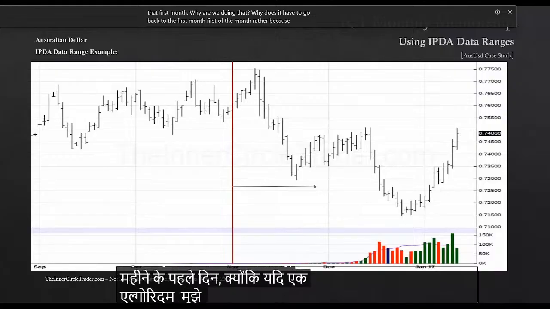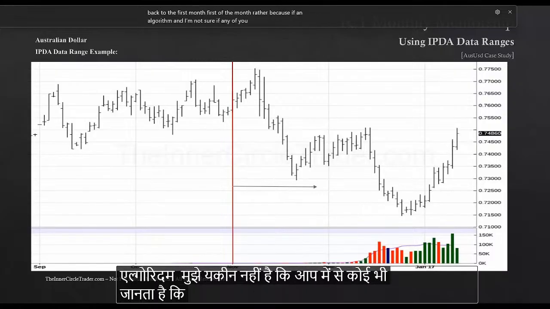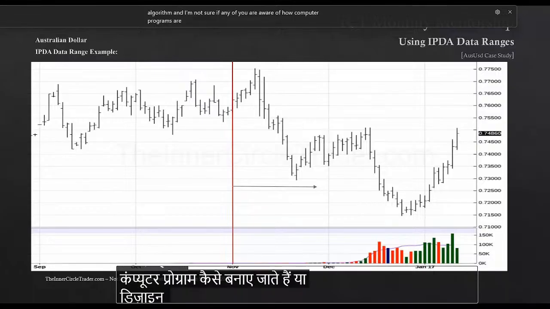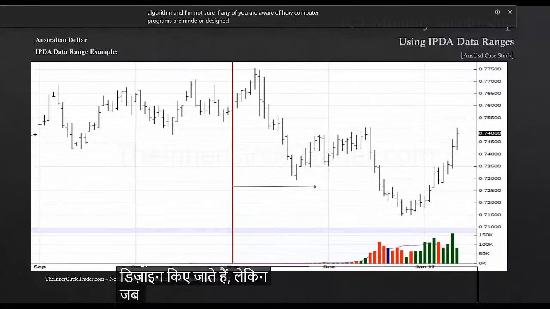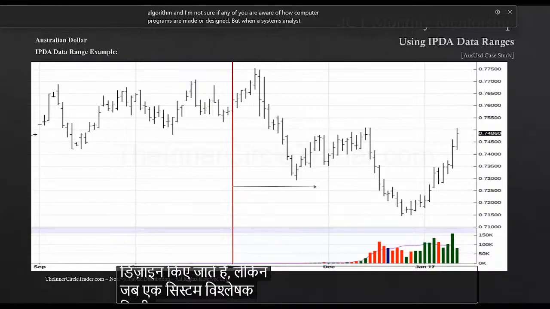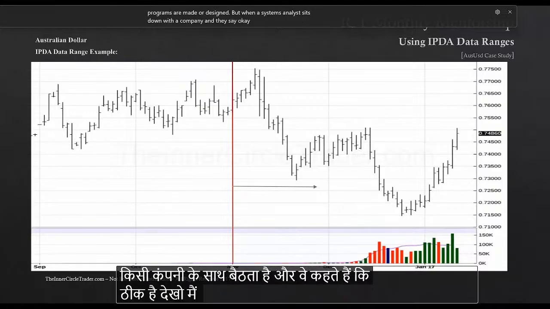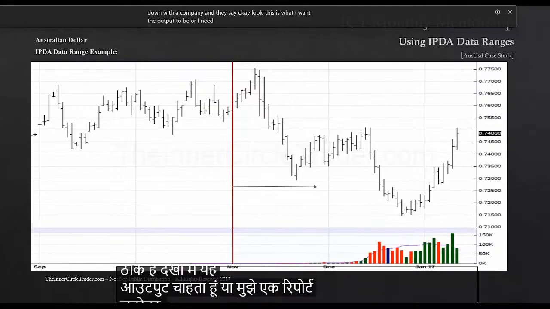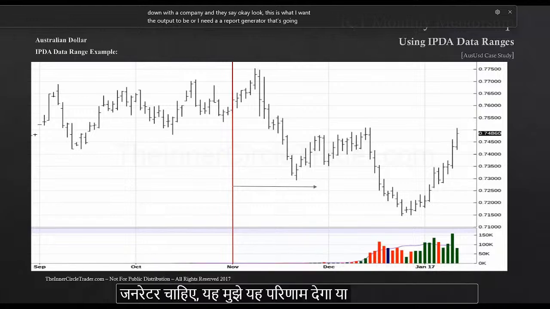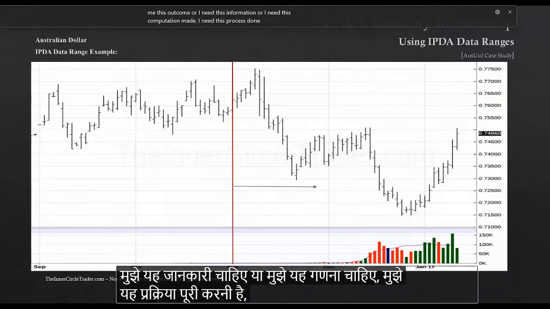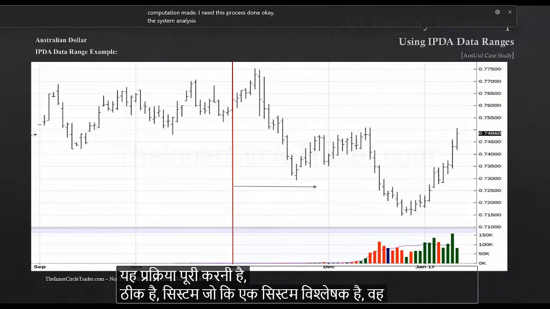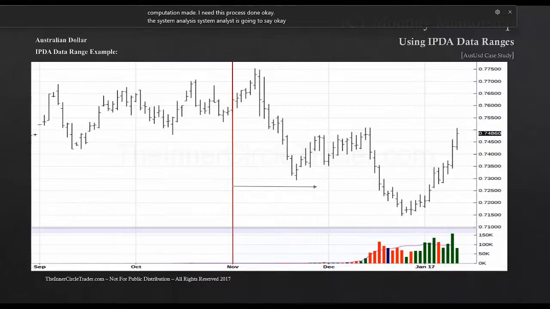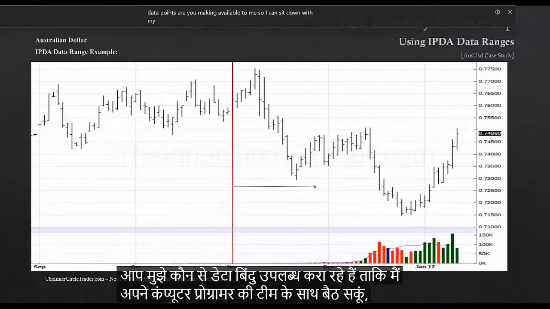Because if an algorithm... and I'm not sure if any of you are aware of how computer programs are made or designed, but when a systems analyst sits down with a company and they say, okay, this is what I want the output to be, or I need a report generator that's going to give me this outcome, or I need this information, or I need this computation made, I need this process done, the systems analyst is going to say, okay, what data points are you making available to me, so I can sit down with my team of computer programmers?